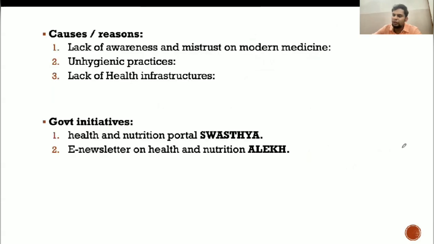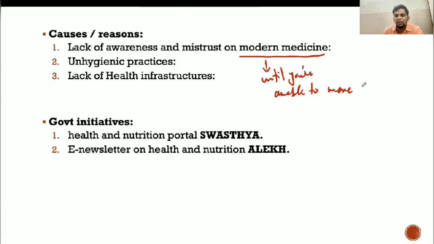So similarly, when you talk about issues, you write in terms of many different angles, right? What are the causes? One of the things is that you also try to make a statement about the tribal way of life, the way they see medicine. See, tribals, until you fall ill, literally until you are unable to move, they have this belief that they're not ill.